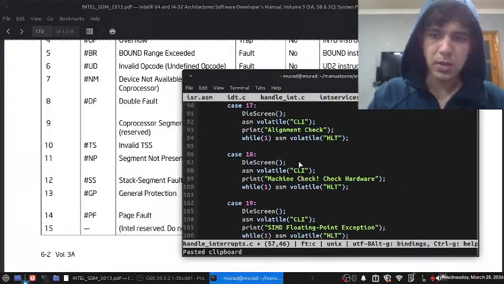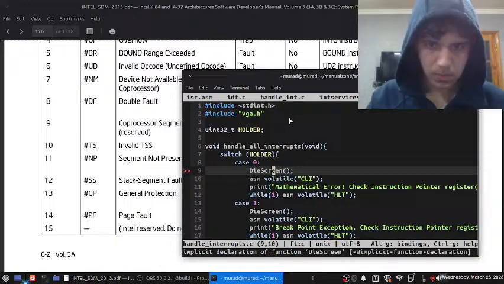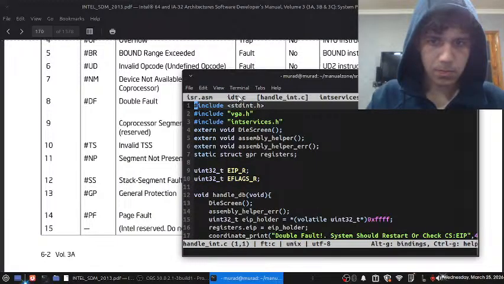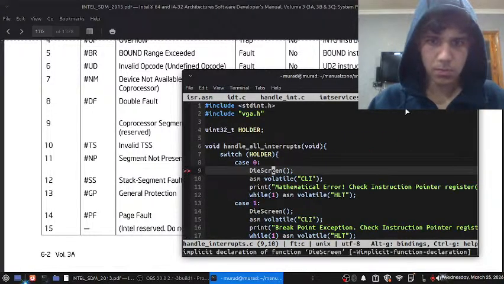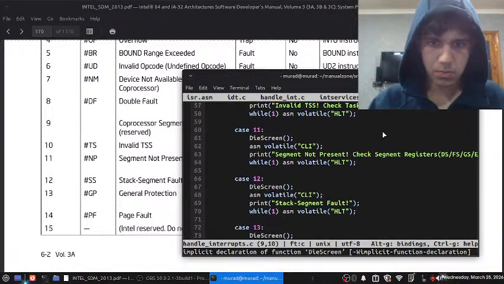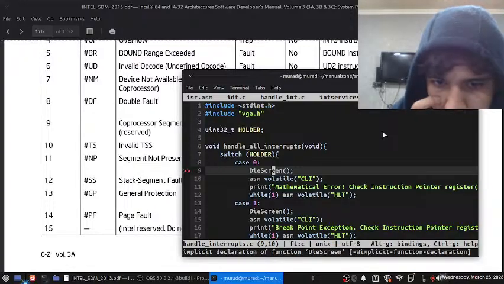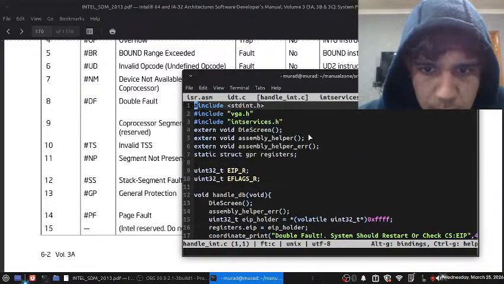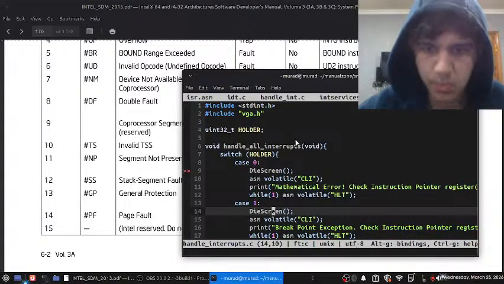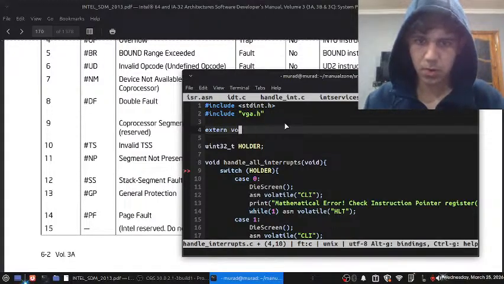Okay, let's go through assembly. Oh wait, what's, wait, what? Die screen. Oh. Wait.